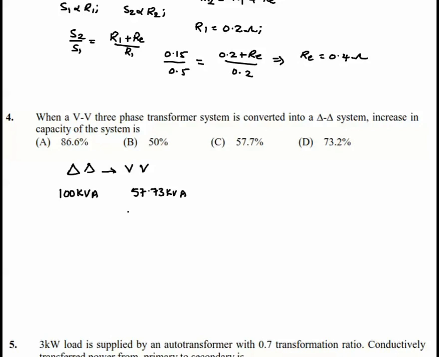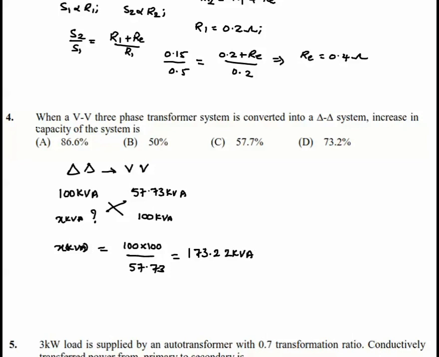So now the given question is, suppose this is 100 kVA, how much will be the increase in capacity? We have to represent it in percentages. For example, I will take X kVA here. By cross multiplication, X kVA is equal to 100 into 100 divided by 57.73, and we get 173.22 kVA.